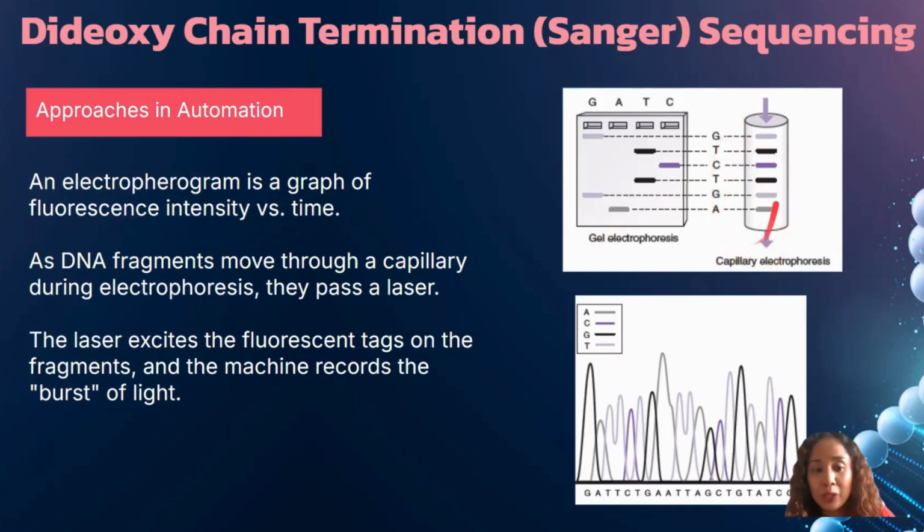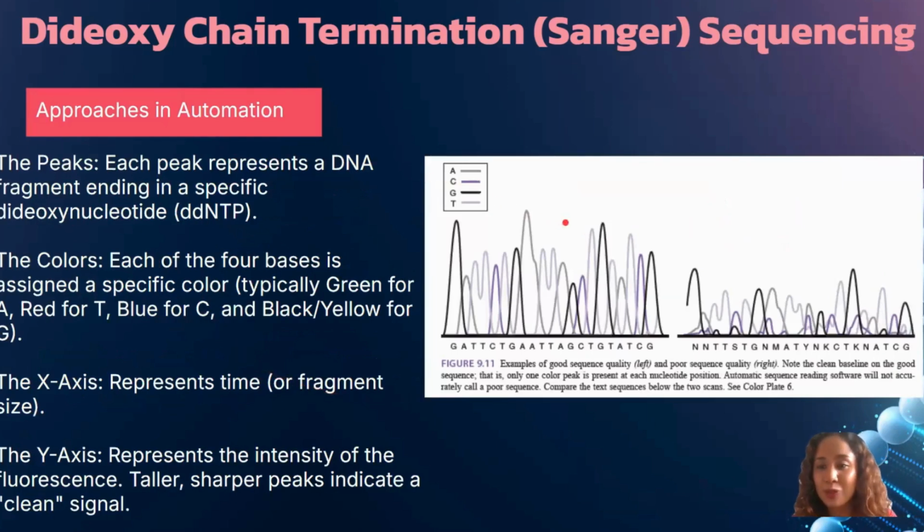The laser will excite the fluorescent tags on the fragments and the machine records it as a burst of light. The bursts of light will show as peaks in our electropherogram. So the peaks represent the DNA fragment ending in a specific ddNTP.